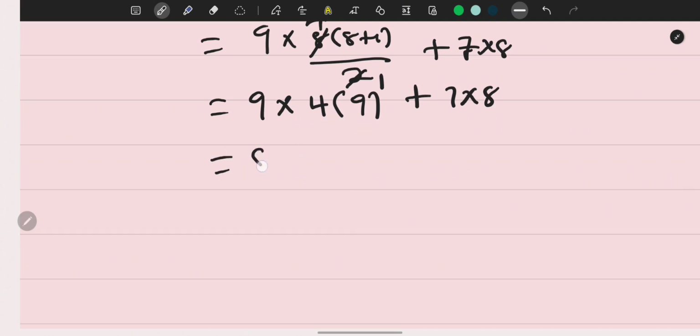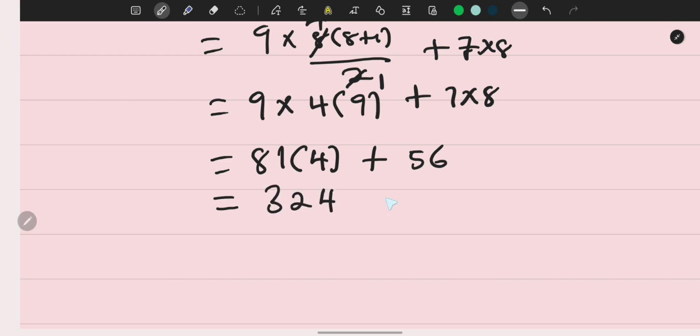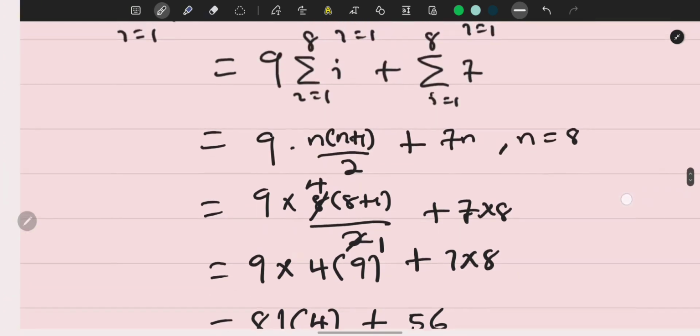That's going to give us, let's just say 9 times 9 is 81 times 4, and again 7 times 8, that's 56. So 81 times 4, I think that should give us 324, then plus 56. So we're going to have the final answer here to be 380. Okay, so that is the solution to the given problem.